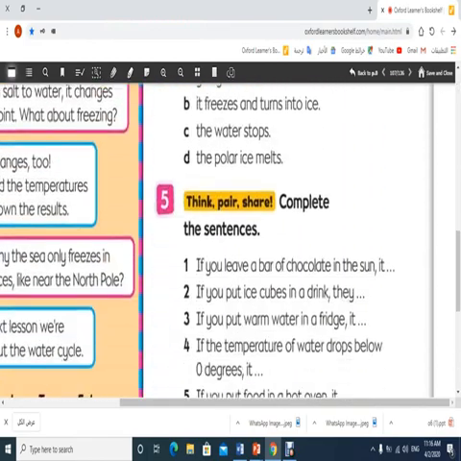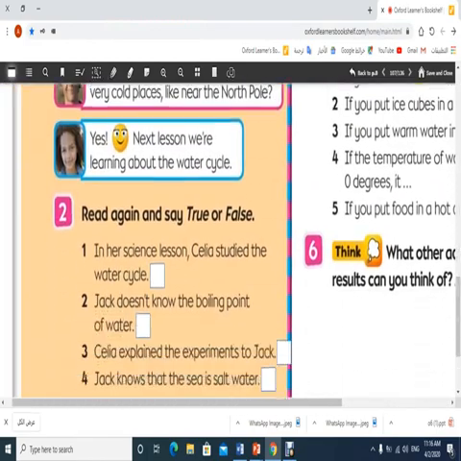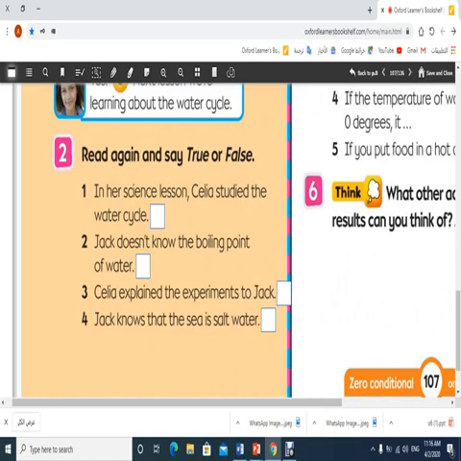Let's move to exercise 1. True or false? After reading this tell me. Read again and say true or false. In her science lesson Celia studied the water cycle. She studied the water cycle. True or false? نقرأ في النص كده ونرجع تاني. بعطيك دقيقة تفكر في نفسك فيها.